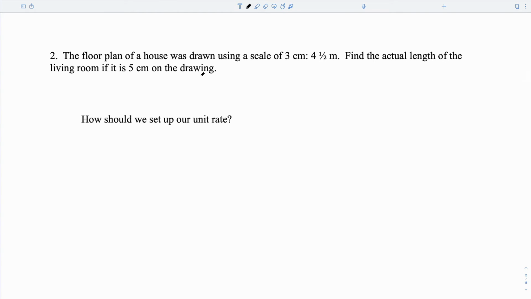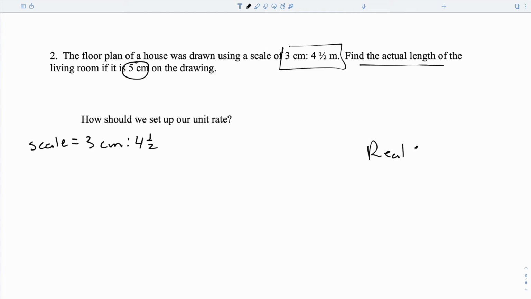So the floor plan of a house was drawn using a scale of 3 centimeters to 4.5 meters. Box it. We want to find the actual length if we know 5 centimeters is on the drawing. So let's set up our scale first. The scale is going to be 3 to 4.5. And we want real life.